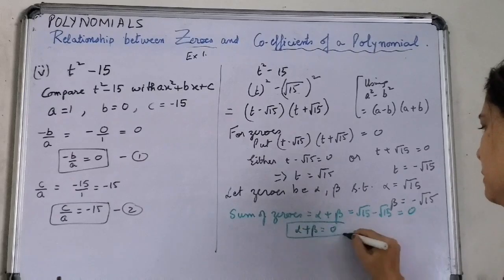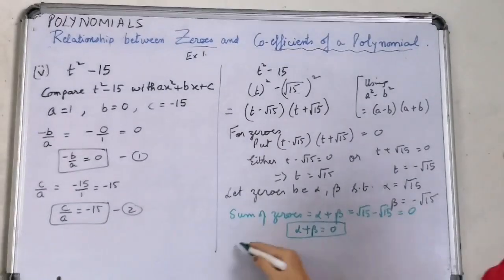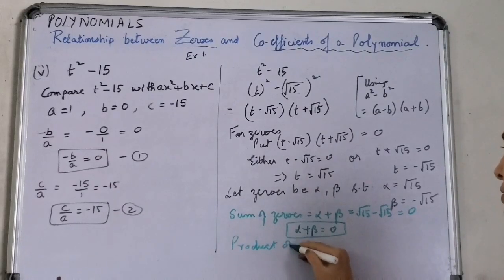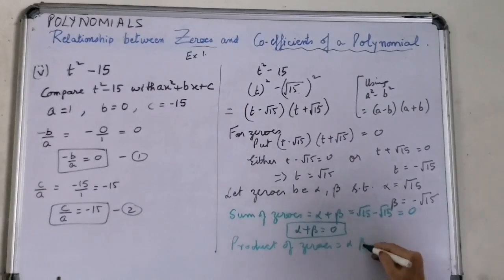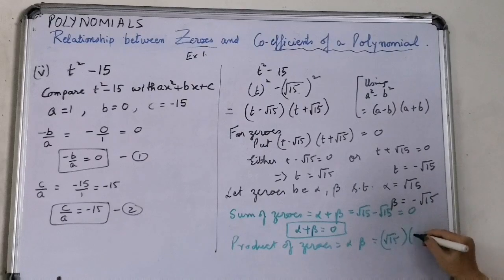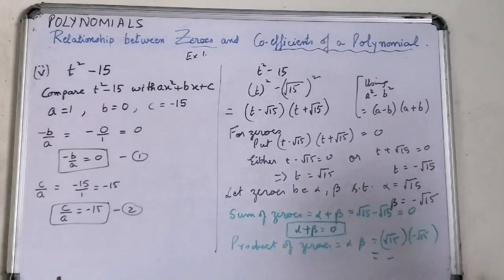Now let's move to the product of zeros. Product of zeros is alpha into beta. It means root 15 into minus root 15. What is it? Plus into minus is minus. Root 15 into root 15 will be 15. So alpha into beta has turned out to be minus 15.